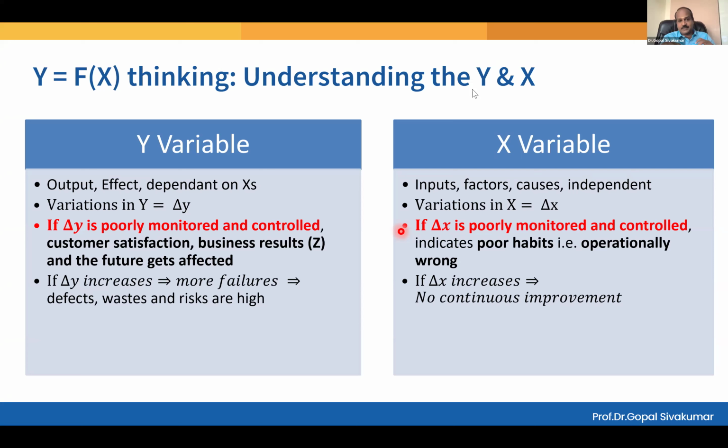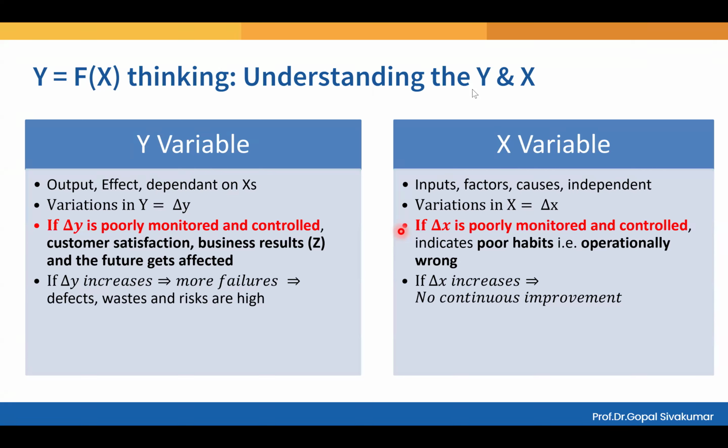However, in real time, things will not work exactly as per the theory. Even though we aim to keep the X constant, there will be some variation, yes or no? Agreed. So there will be some variation that can happen in our Y also, right? The variation can be minimal, and sometimes abnormal.